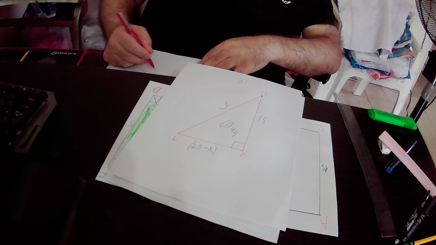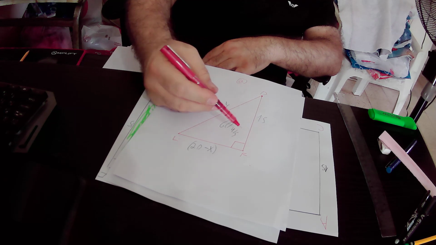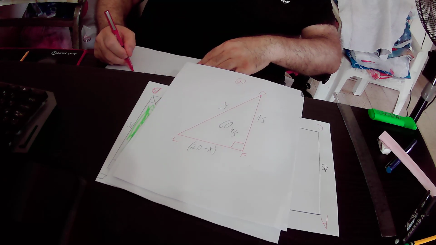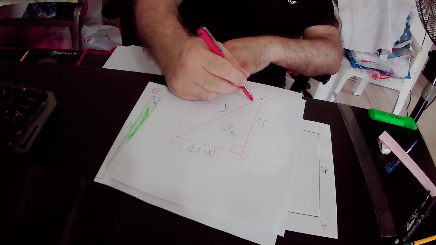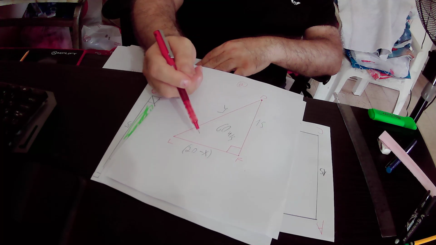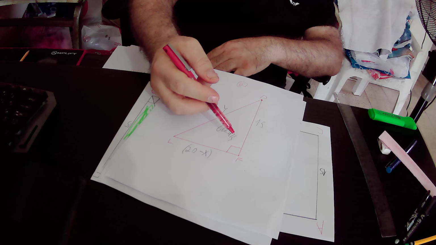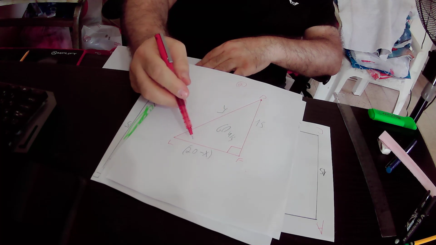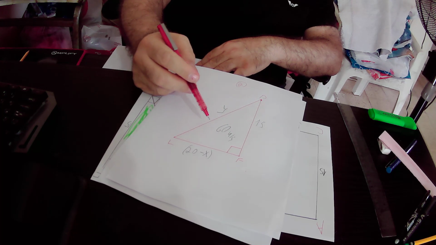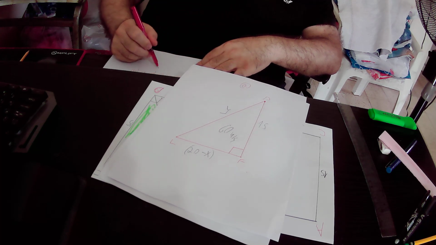times the height to the base. The height is 15 units because DF is perpendicular to LF. For that reason, DF is the height to the base of this triangle. So the height is 15 units over 2.